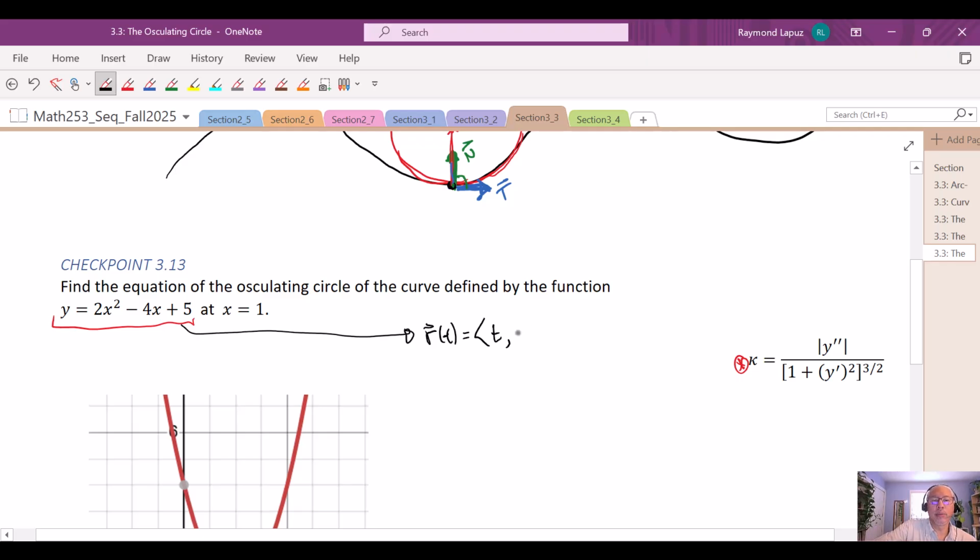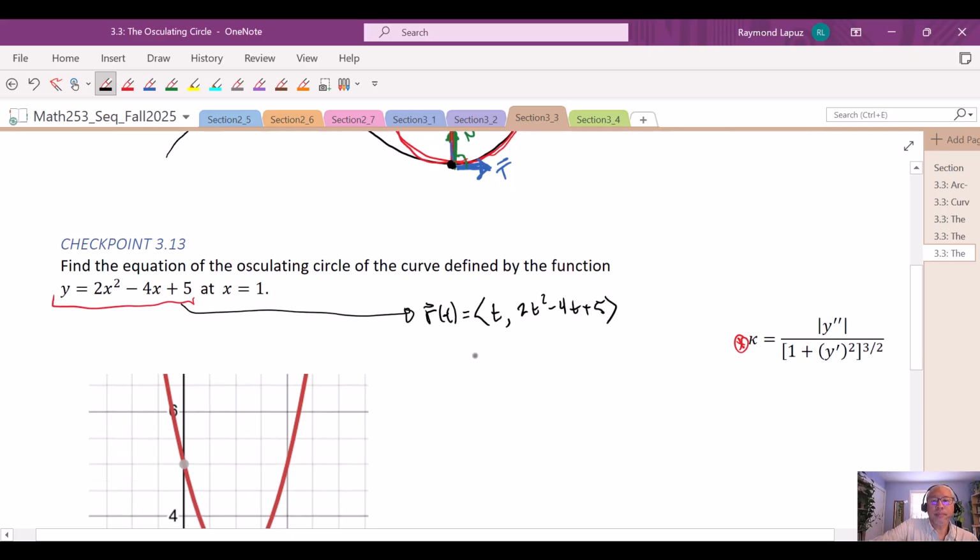So I will have my y value to be 2t squared minus 4t plus 5. And so when I find a derivative, r prime of t, this is going to give me 1, and then whatever the derivative here is, that's 4t minus 4.